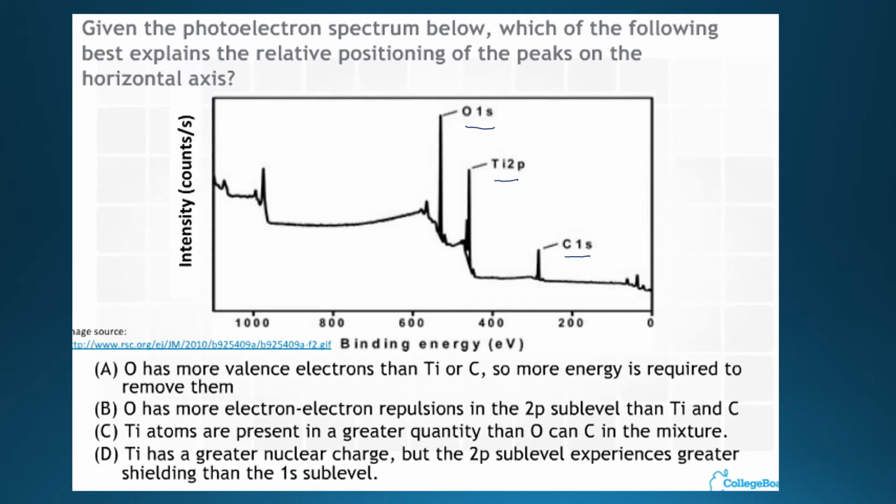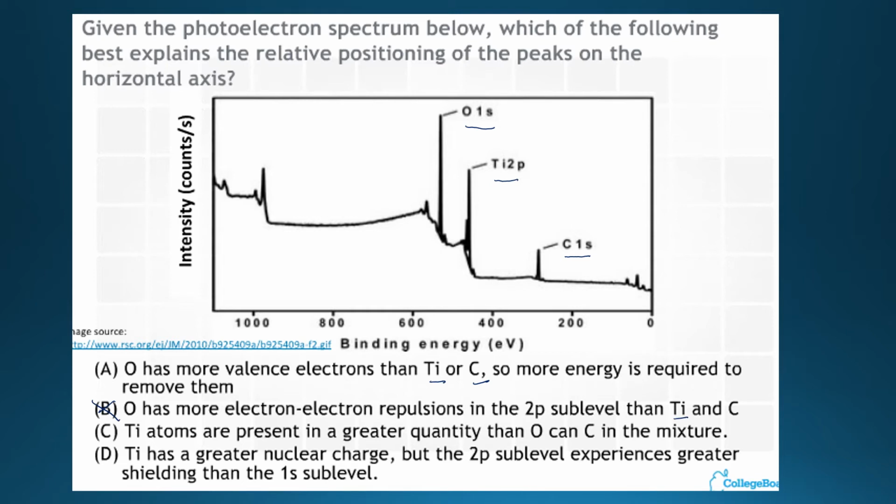It says oxygen has more valence electrons than titanium or carbon, so more energy is required to remove them. Part B, oxygen has more electron repulsions in the 2p sublevel than in titanium and carbon. Titanium would have more electron repulsion, so we can't choose this one.